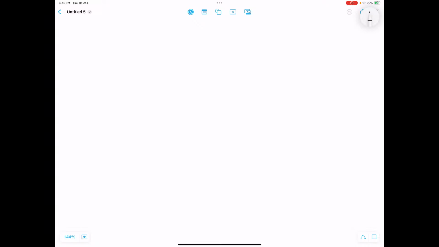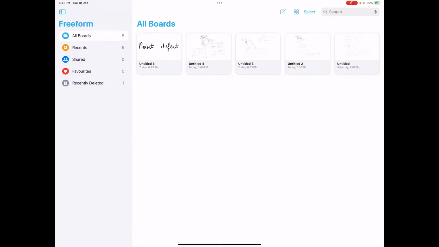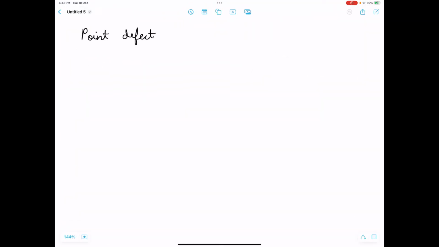So basically in all the crystal defects there are a few defects. One is point defect, first one.